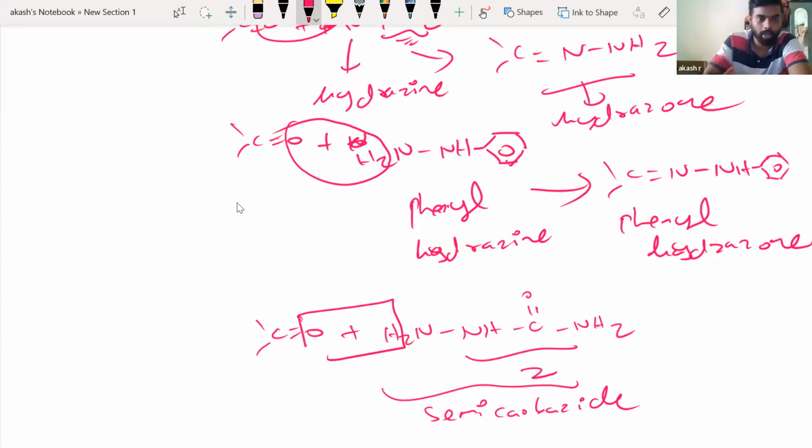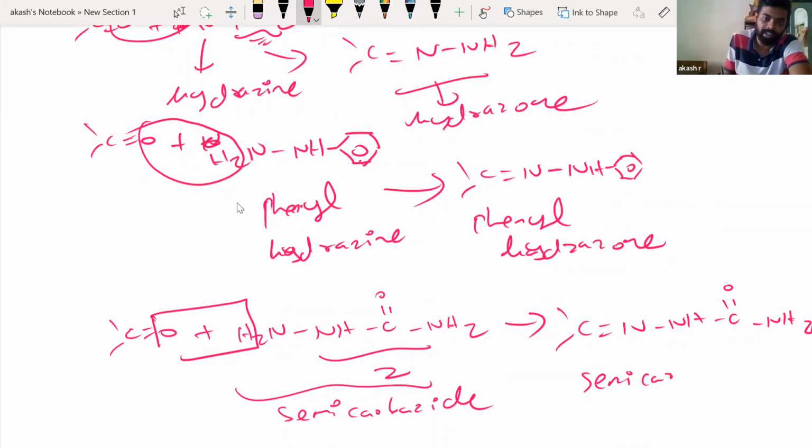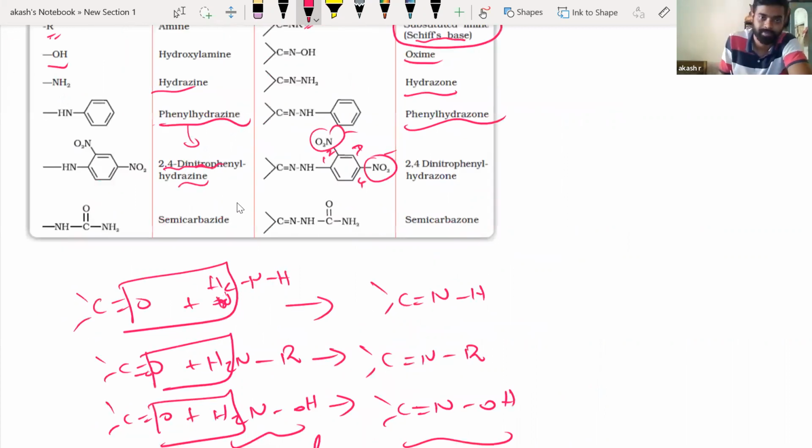We have this H2O removed, and then we have C double bond N, NH, C double bond O, NH2. So we understand that this particular compound is called semicarbazone, and that's exactly what is written here also. So very, very, very simple.